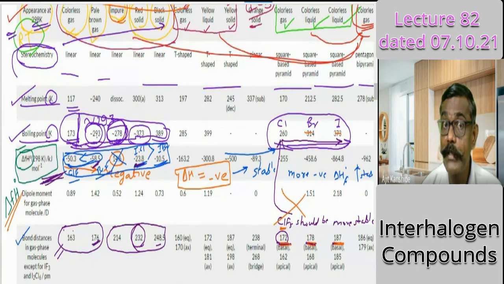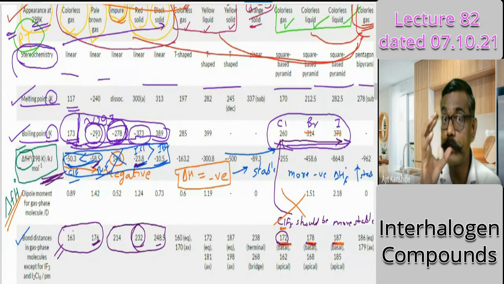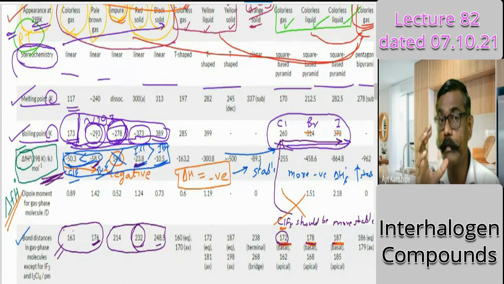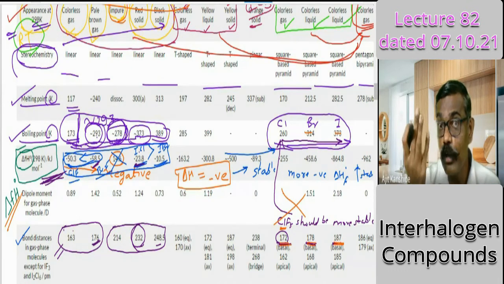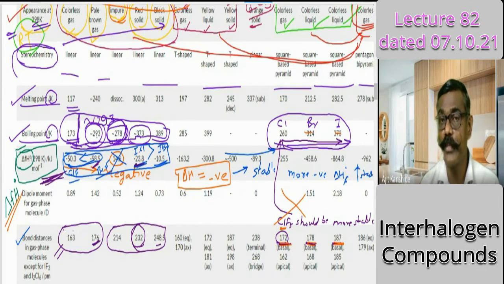But bond strength is a measure of the total net attraction, and that depends upon extent of overlap, electronegativity difference, and affinity between the two atoms which are combined to form that bond. But for your information, all things are given. Here you will find the basal and apical, terminal, and bridge. Why bridge?